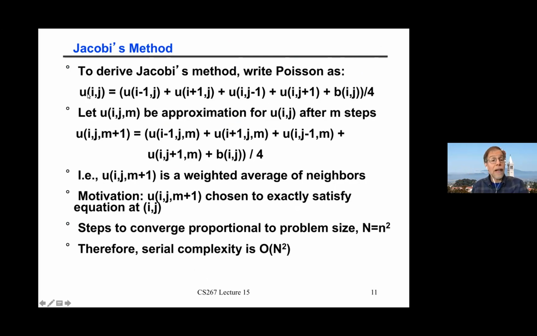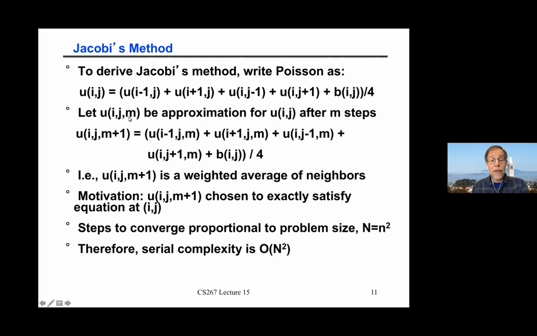All I've done here is solve for the u_ij value. So that's why there's a 4 in the denominator. If I multiplied through by 4, I'd have 4 times this is the diagonal entry. The 4 in the diagonal is the sum of all the nearest neighbors plus the right hand side. So that I have this equation for all different values of i and j.